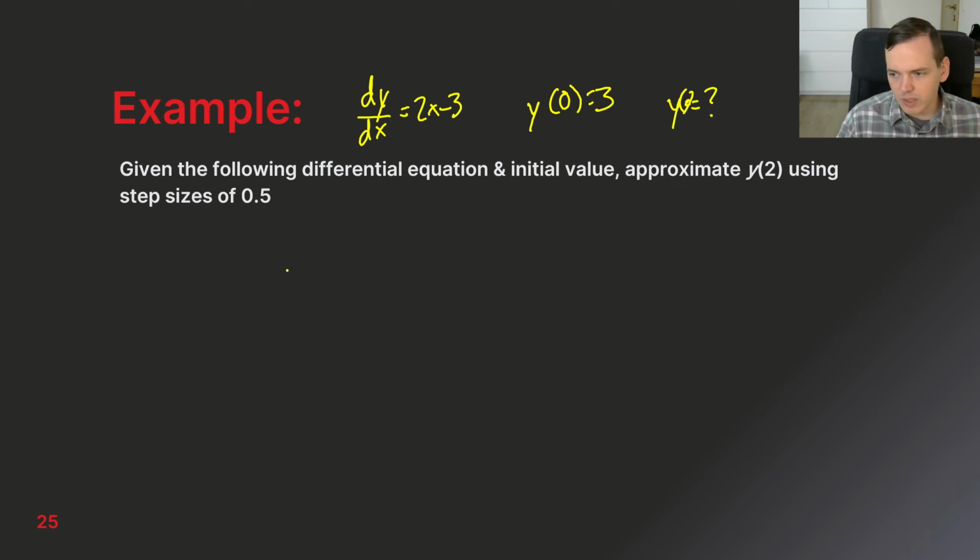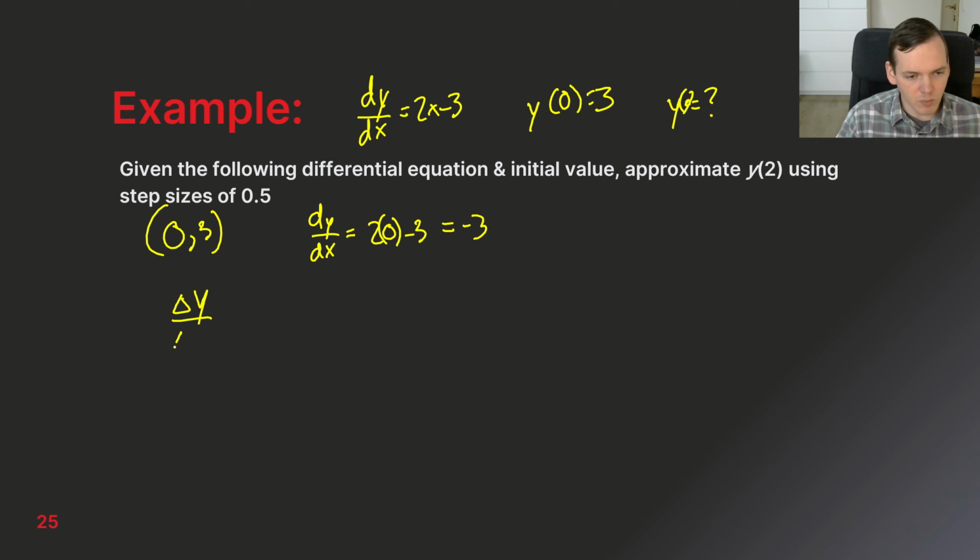Well, I can just do this by saying we start at the point 0, 3. Then we're going to approximate the slope at that point. dy by dx is equal to 2 times 0 minus 3, which is equal to -3. Then I know that for a linear line, the change in y over the change in x is equal to the slope, which is -3 in this case, and I want to use step sizes, I want to change my delta x by 0.5, that's what this means here.